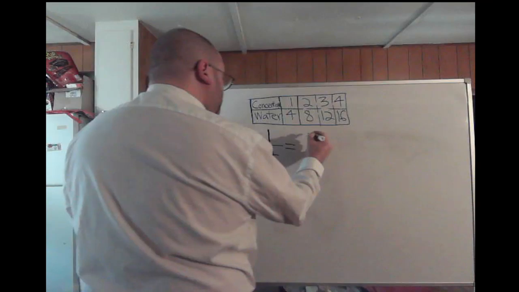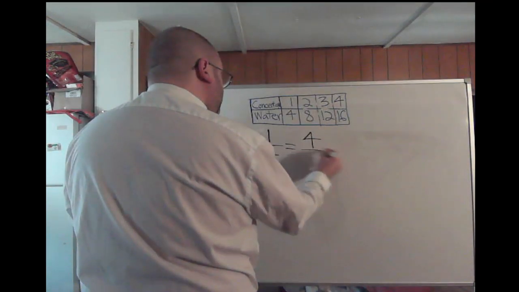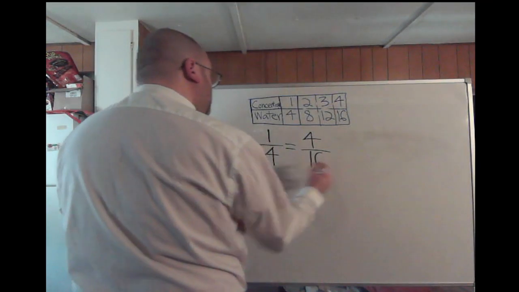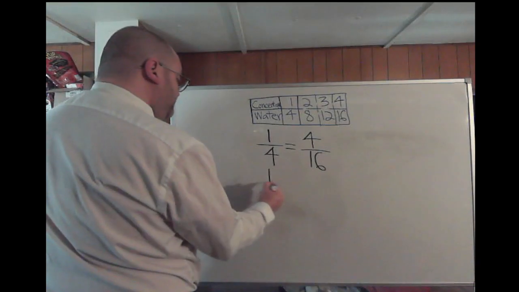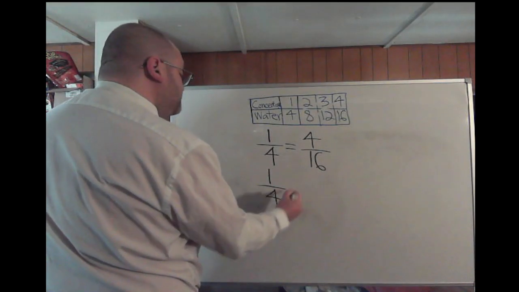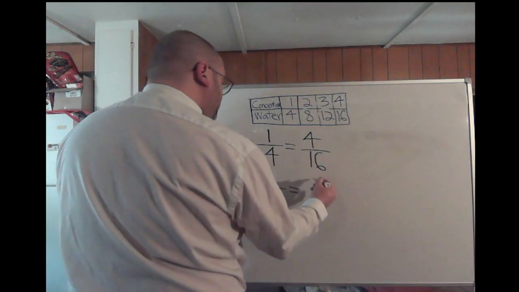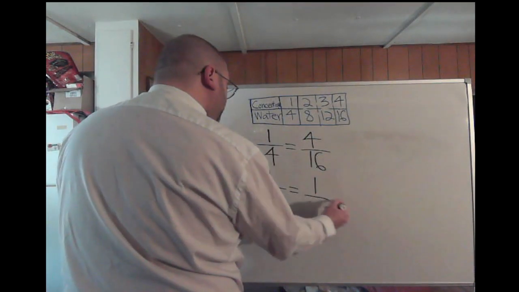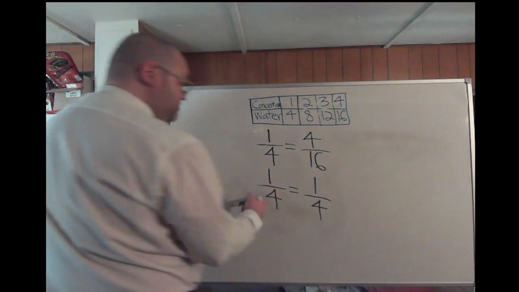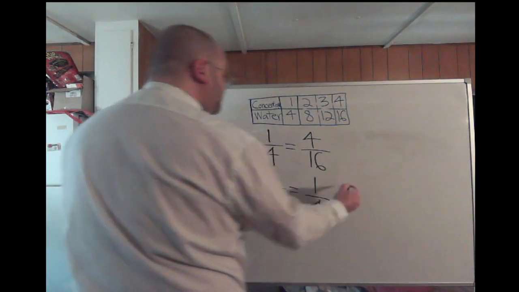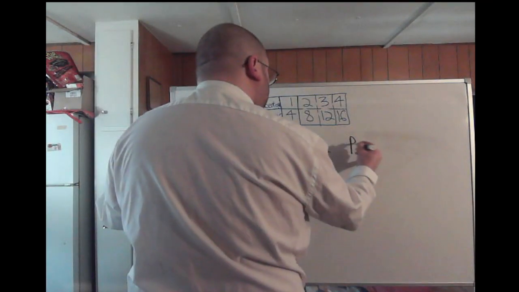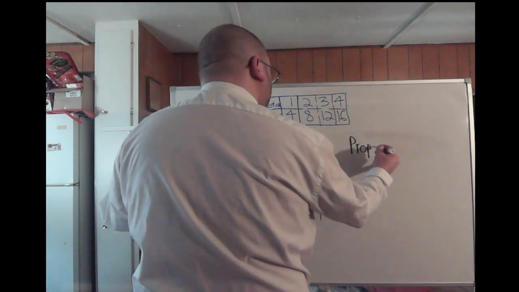Do they equal? Well, of course, you have 1/4 on the left. 4/16 reduces. They both have a common 4. 4 divided by 4 is 1. 16 divided by 4 is 4. So yes, 1/4 equals 1/4 on all of them. It checks. The relationship is in fact proportional.